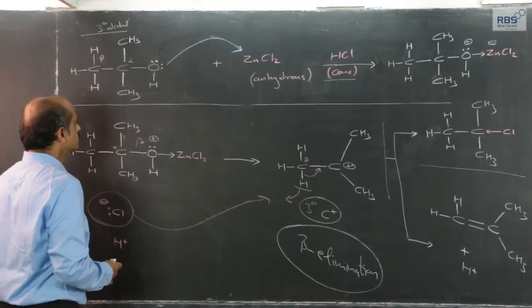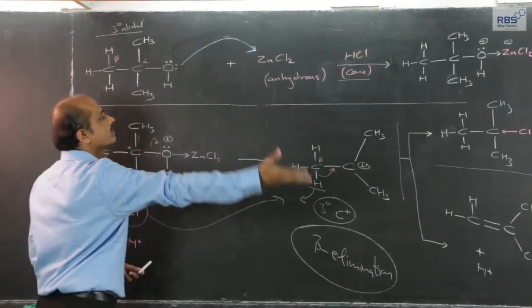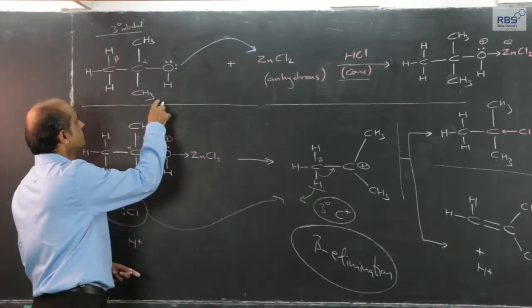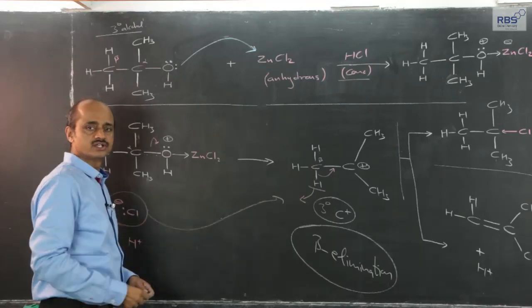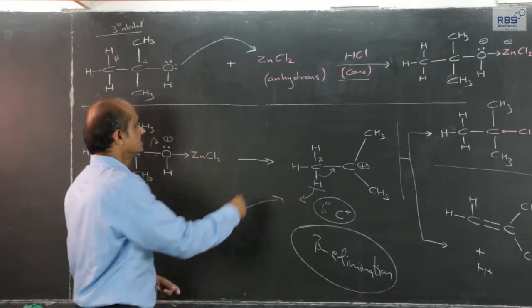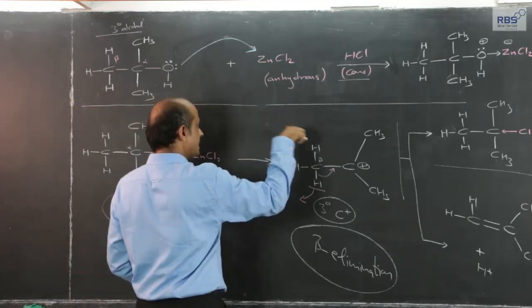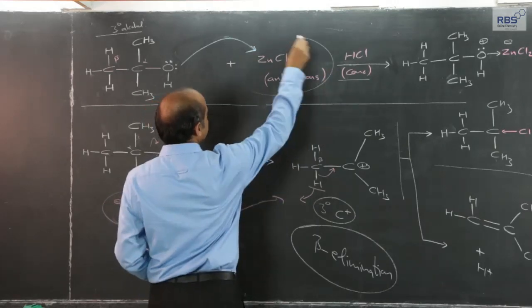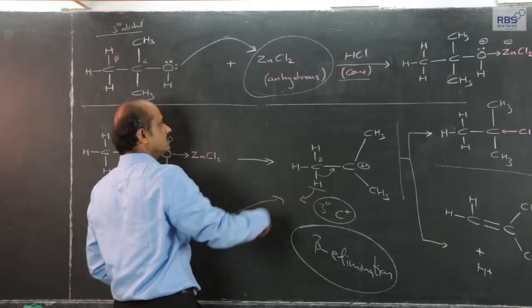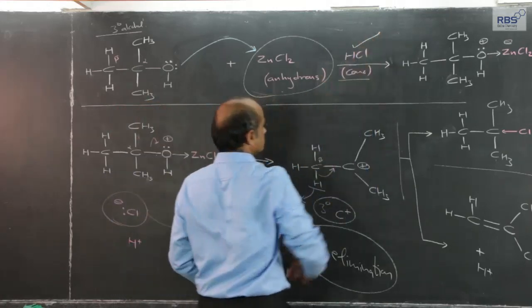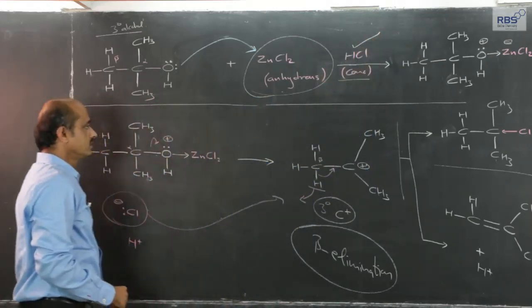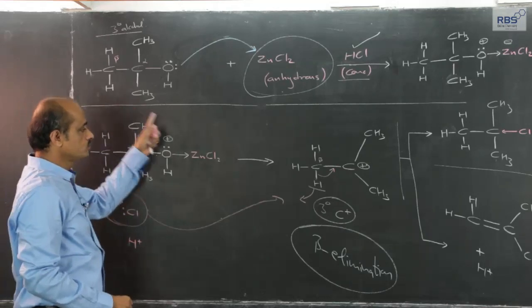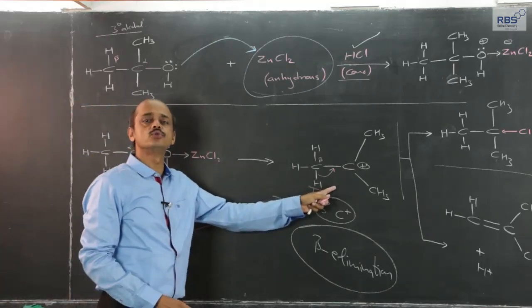So, these two possibilities are there. If we wish to convert a tertiary alcohol into an alkyl chloride, this tertiary butyl alcohol into tertiary butyl chloride, the reaction is carried out in the absence of anhydrous ZnCl2. Directly HCl is used, because the reaction passes through the tertiary carbonium ion, which is more stable.